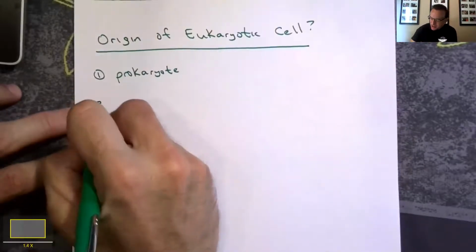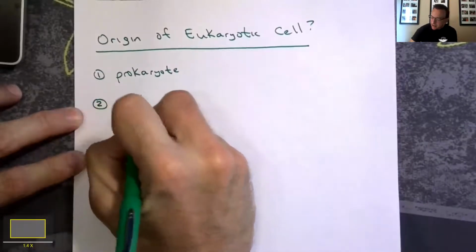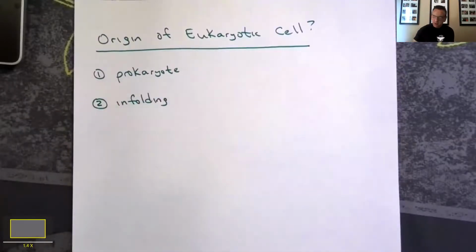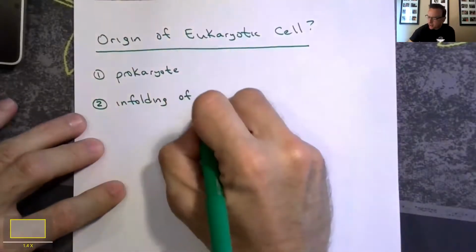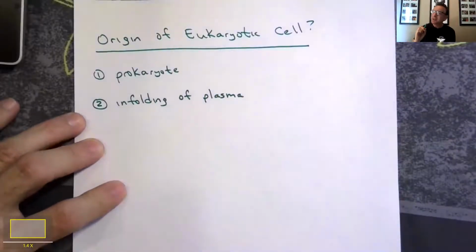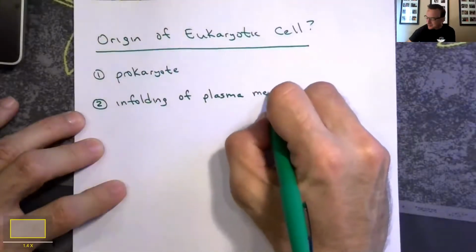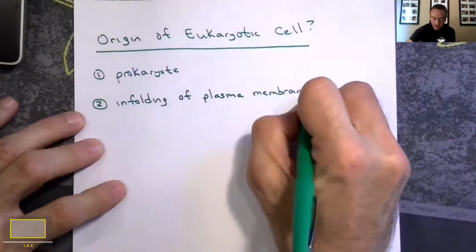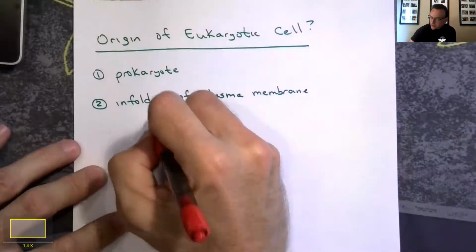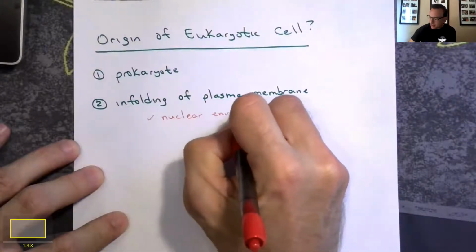So then what starts happening in step 2 is you start getting infolding or invagination of the plasma membrane. And of course, we'll draw pictures here. Actually, we will use the textbook pictures because their drawings are just a little bit better than mine. So you have the infolding of the plasma membrane, right? And what this starts to form is the nuclear envelope.